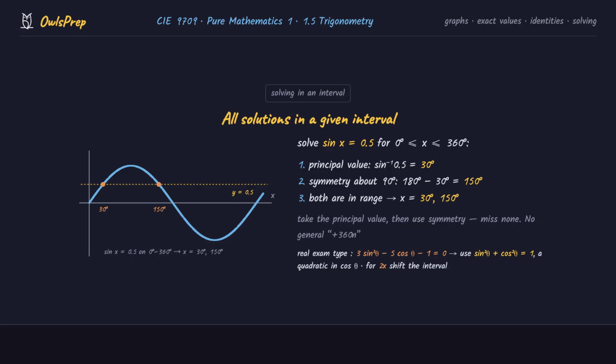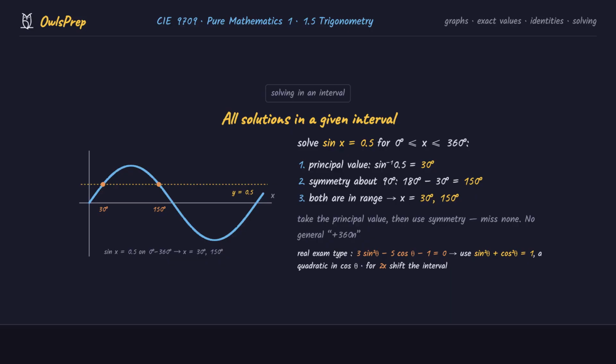Use symmetry. Sine is symmetric about 90 degrees, so the other solution is 180 minus 30, which is 150. So the answers are 30 and 150 degrees. You need both. The method is always take the principal value, then use the graph symmetry to catch every solution in the interval, missing none.